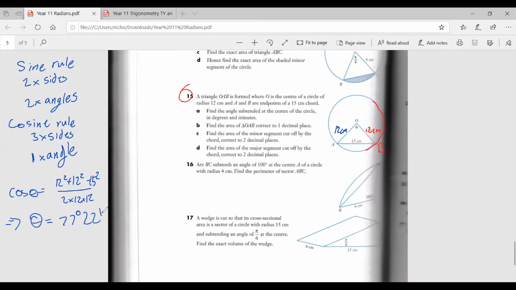Find the area of the minor segment cut off by the chord. Okay, so I need to find the sector area and then subtract the triangle area.